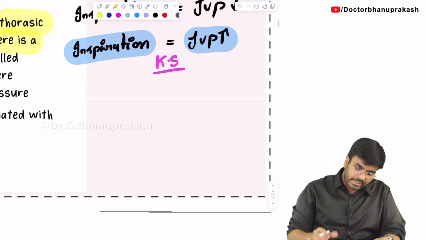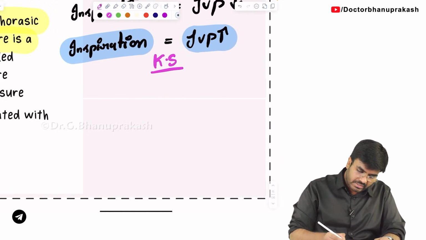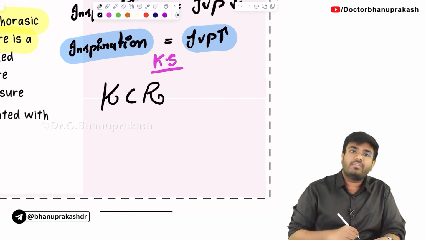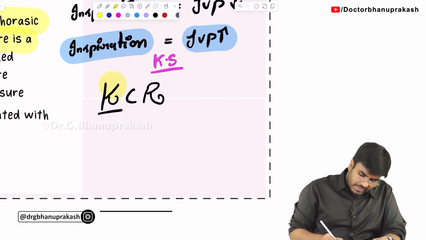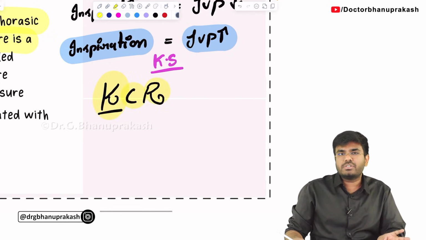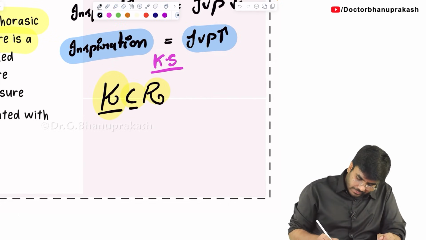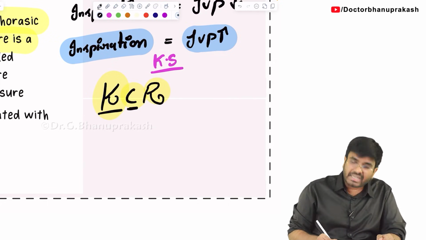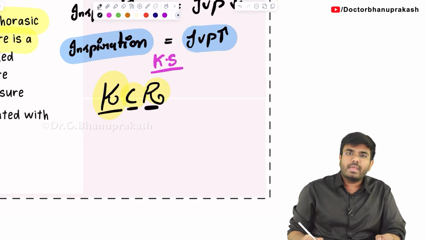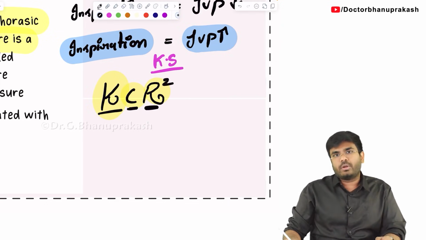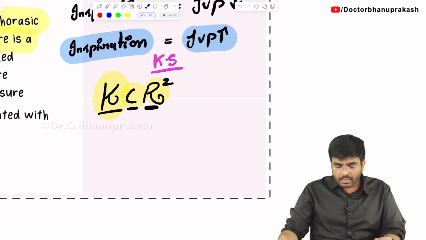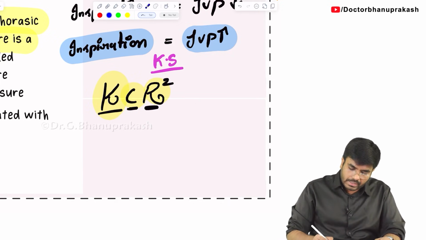Kussmaul sign is seen in, the mnemonic which I gave for myself is KCR. Okay, KCR. K for Kussmaul sign. It is seen in 3 conditions. C for constrictive pericarditis, R for restrictive cardiomyopathy, and R for right heart failure.